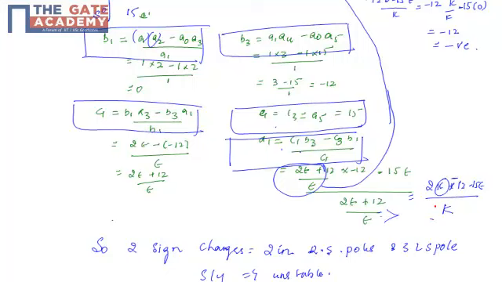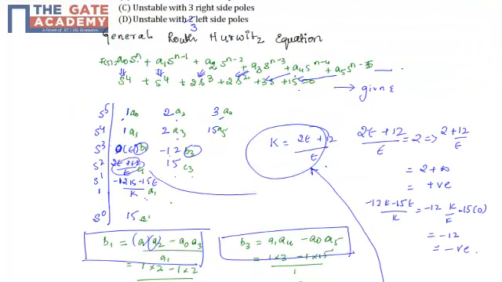In order to find if the system is stable or unstable, we take this term, 2 epsilon plus 12 by epsilon, which can be written as 2 plus 12 by epsilon.